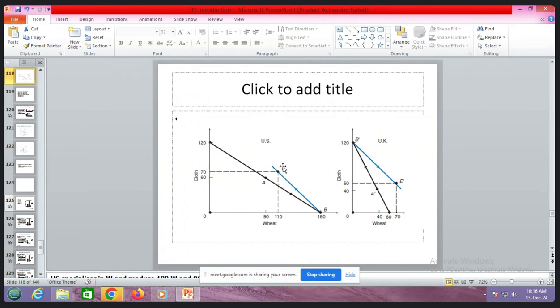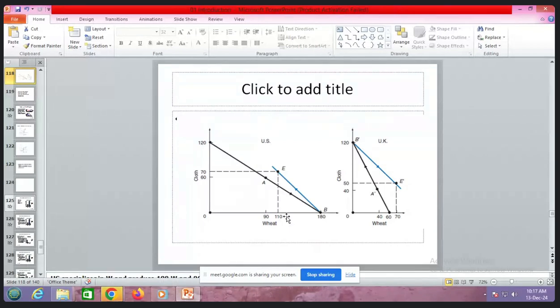E was unreachable for US because it is outside its production possibility frontier. But if it specializes in the production of wheat, that is 180, exchanges 70 wheat for 70 cloth, then it can consume 110 wheat and 70 cloth and be on point E. It can reach point E, which is above its production possibility frontier.